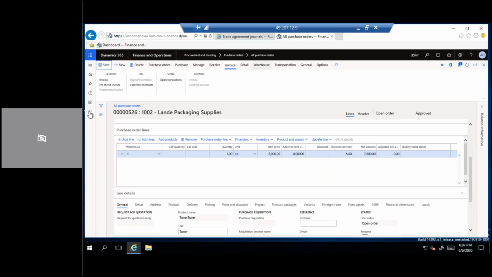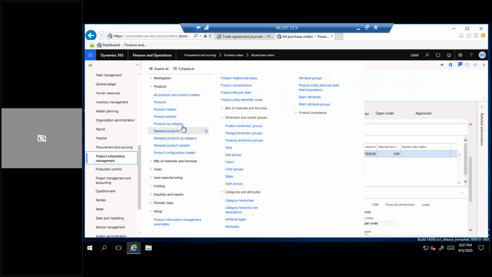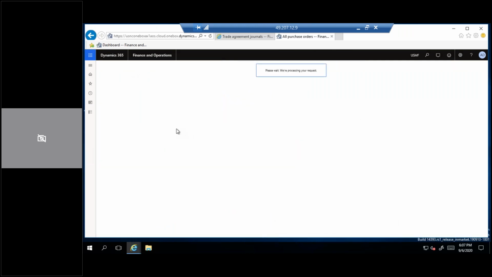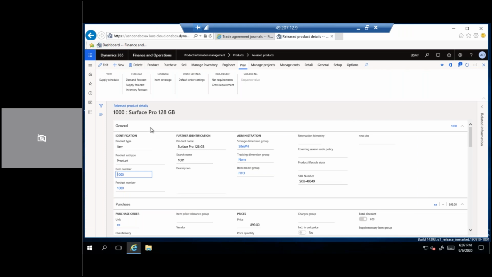If you go to released product, product information management, released products, if you go to the item released product, in this also, if you look at this one, price is available.